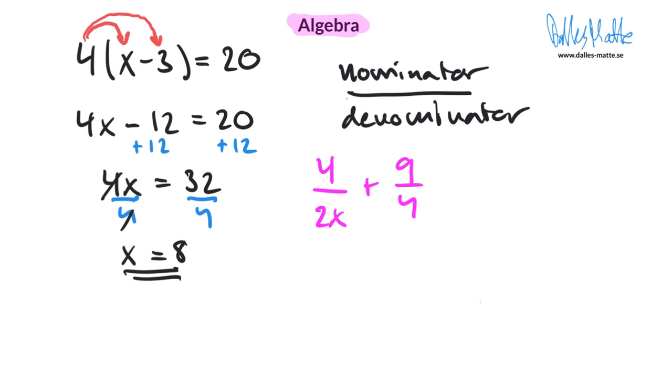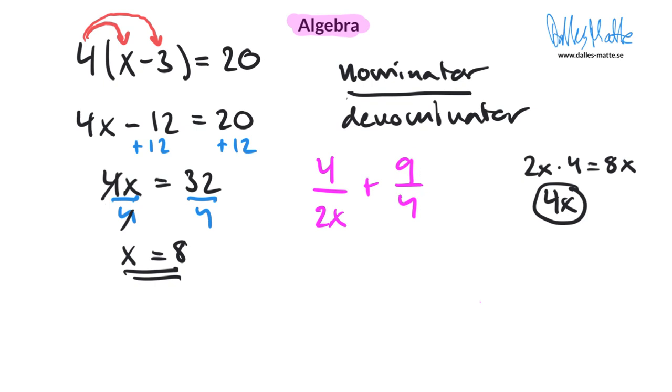So 2x multiplied by 4 is 8x, but I see that we can have a not so high denominator, we can have 4x. So we look at 4x and fix that we have 4x in the denominator in both of the fractions.